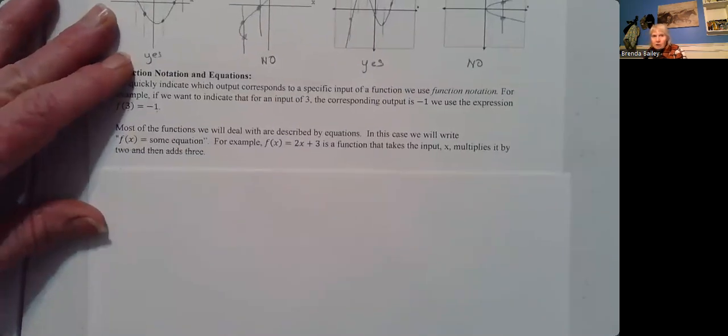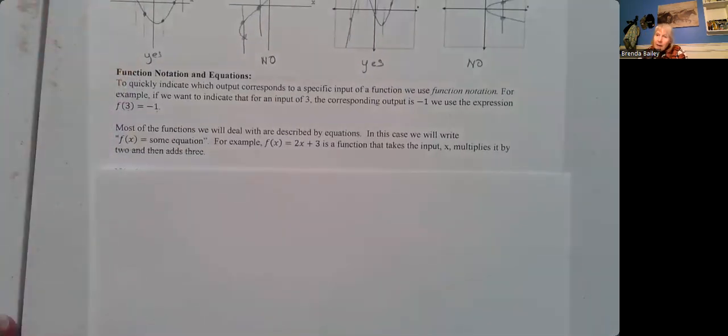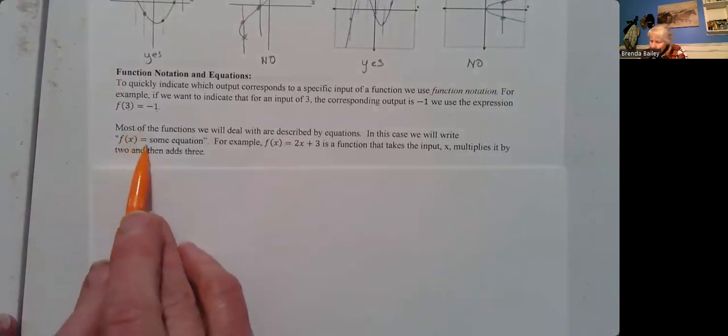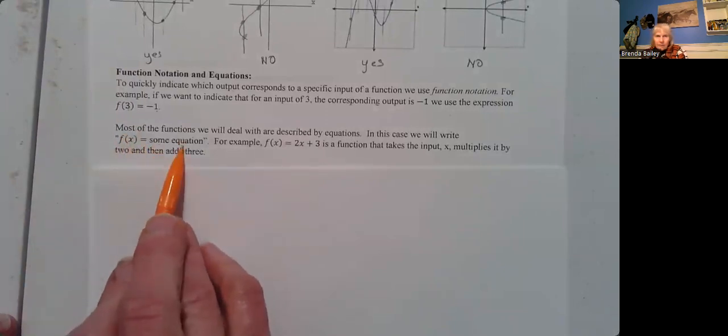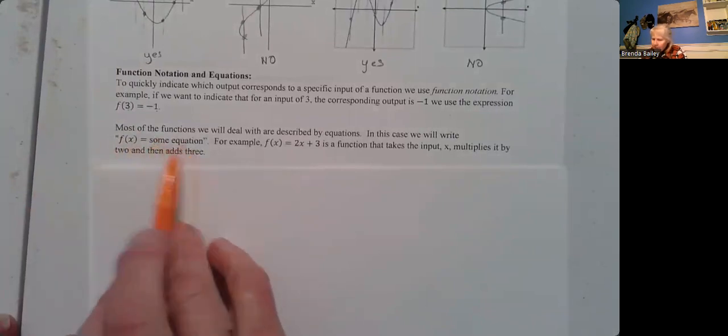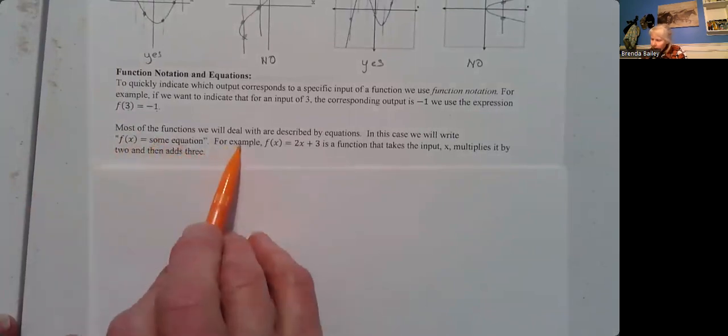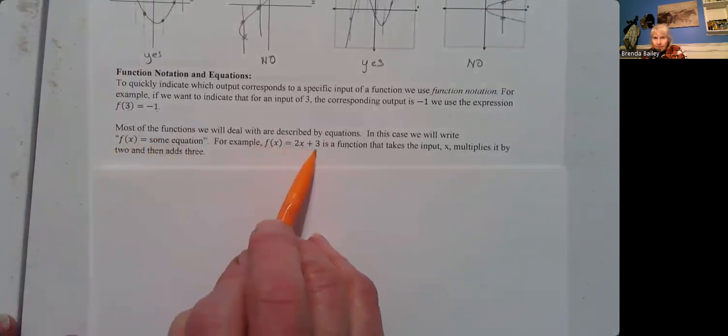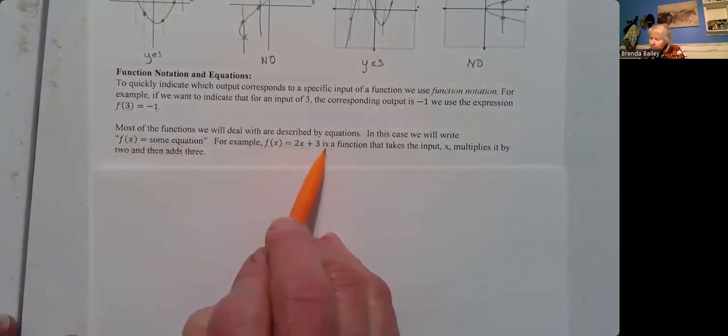Most of the functions we deal with are described as equations because it's a math class, go figure. In this case, we will write f of x equals some equation. I had x plus 2 and x squared plus 2 as in the last ones. So you're going to have some equation over here. For example, f of x equals 2x plus 3 is a function.